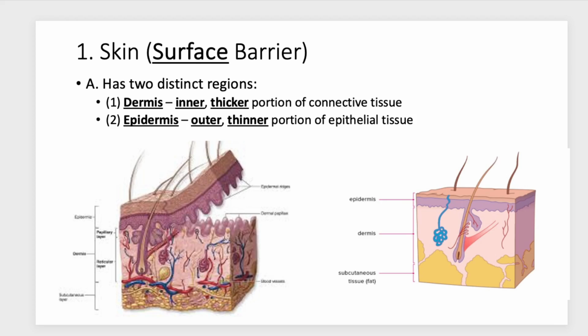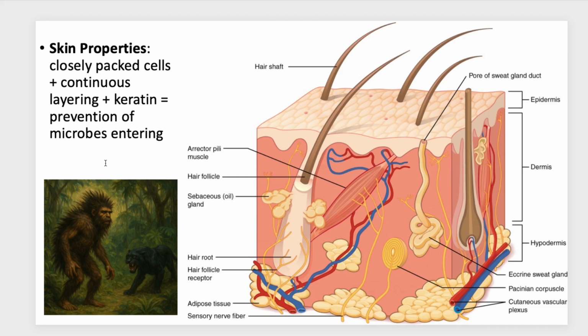As you move into the dermis and epidermis, coming above, like superficial, to the muscle and fat below, you'll notice all these properties with the skin. So one of the best things that our skin does to prevent pathogens from infecting us is that the cells are layered continuously, one on top of another, packed really tightly, and that prevents them from just crawling right into our circulatory system, for example.